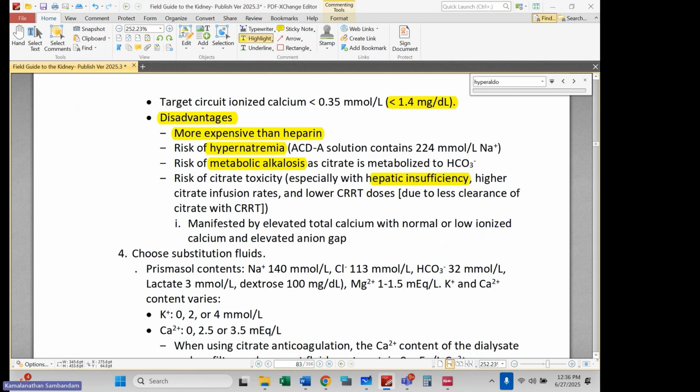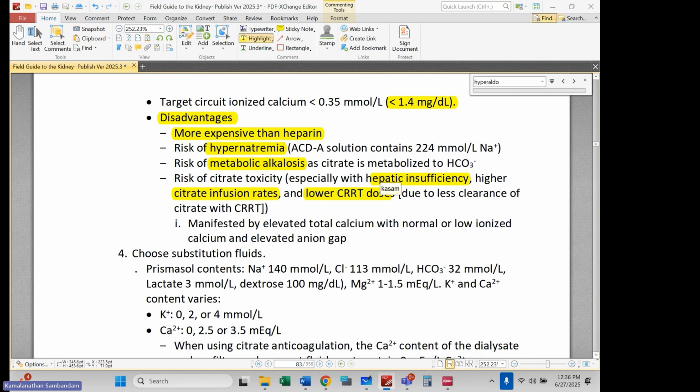And predisposing factors for citrate toxicity include liver disease, where citrate metabolism is impaired. Higher citrate infusion rates should be self-evident, why that is correlated with citrate toxicity. But what may not be so obvious is lower CRT doses are associated with higher risk of citrate toxicity. Why is that? Well, CRT actually clears citrate.